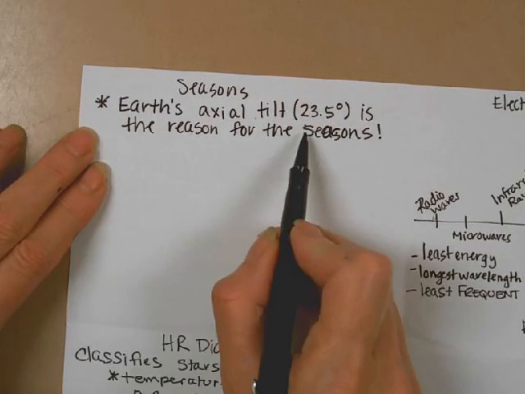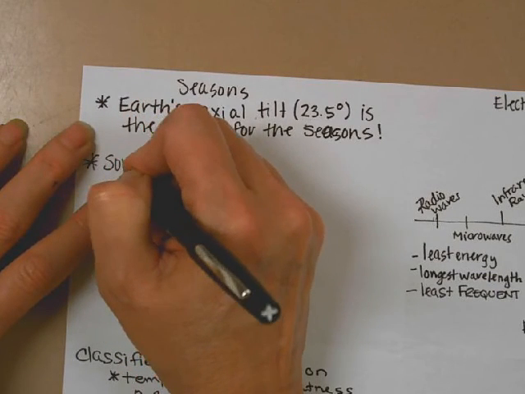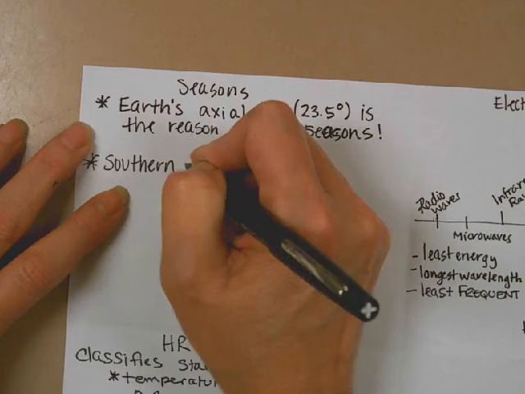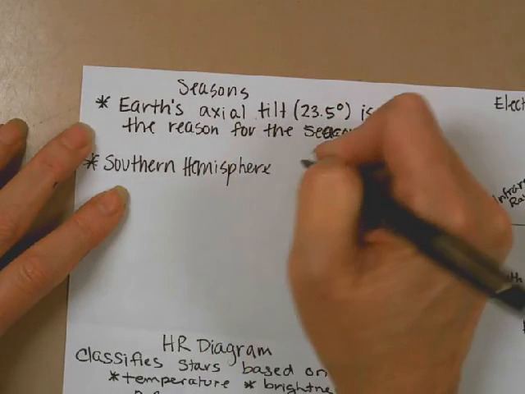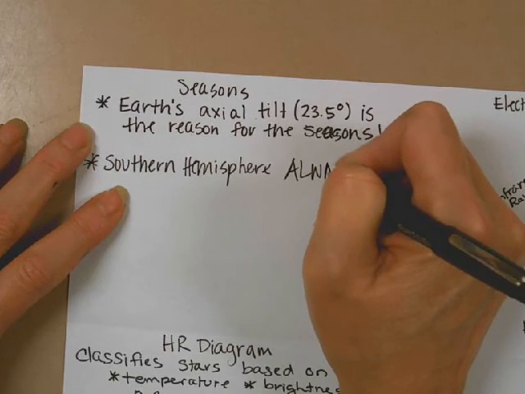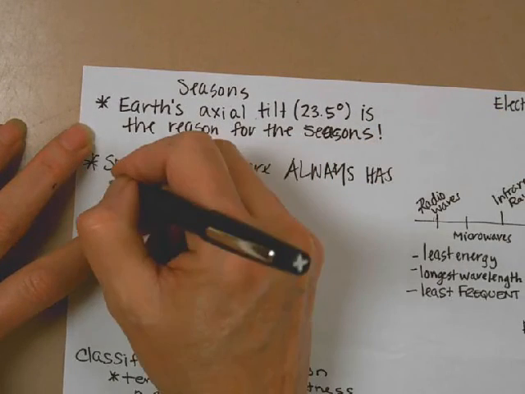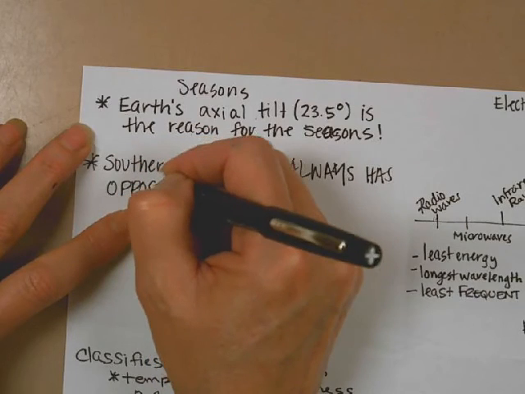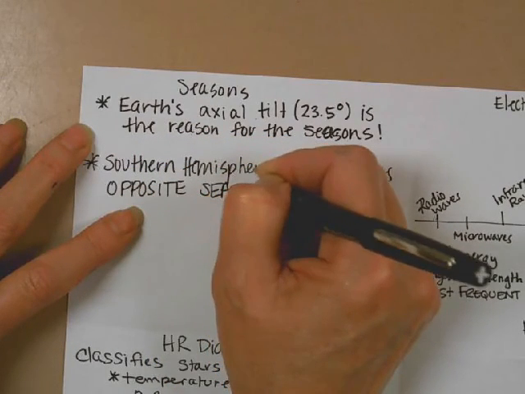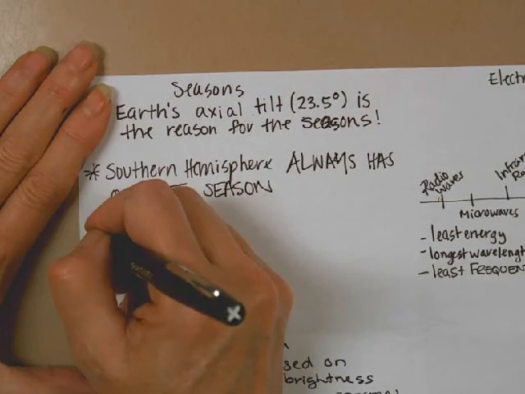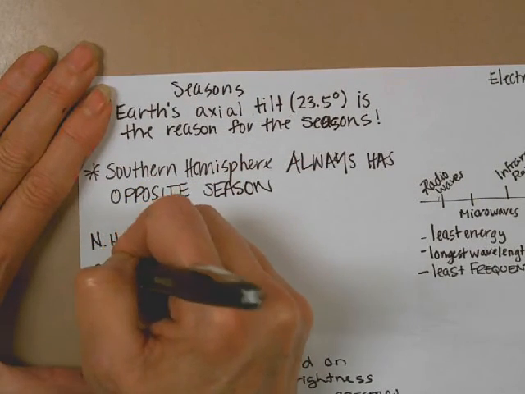So the axial tilt is the reason for the seasons. The southern hemisphere always has the opposite season.